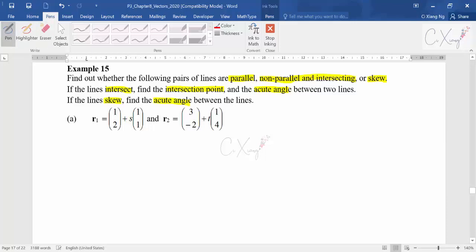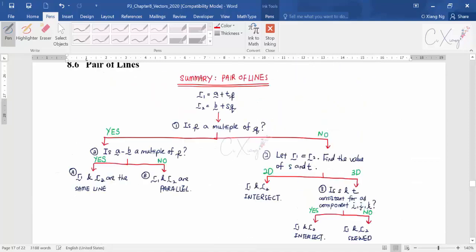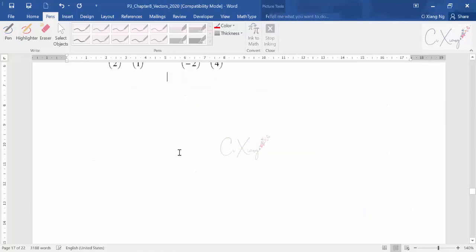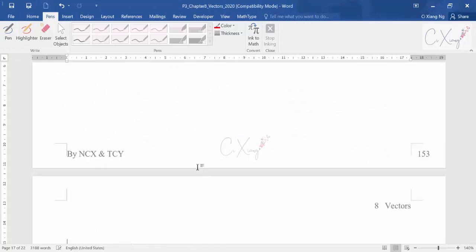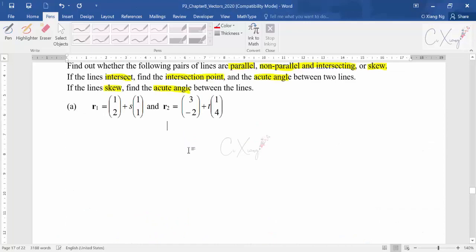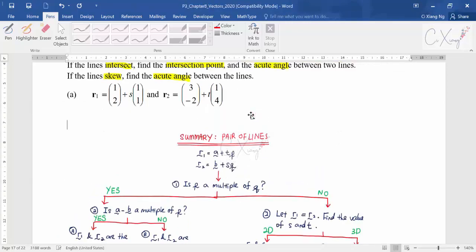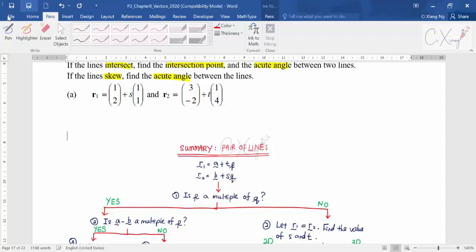Okay, so first, if you refer to the diagram here, they ask you to do what? Okay, sorry, maybe I can copy it down. Okay, so first of all, they ask you to check whether P is a multiple of Q or not.